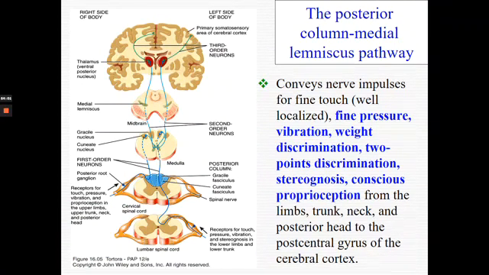Remember here, fine touch or fine pressure, well localized. Remember, stereognosis is to discriminate things by moving your hands especially over it, and you determine its smoothness or roughness or the shape. Is there an angle or is there roundness, whatever.